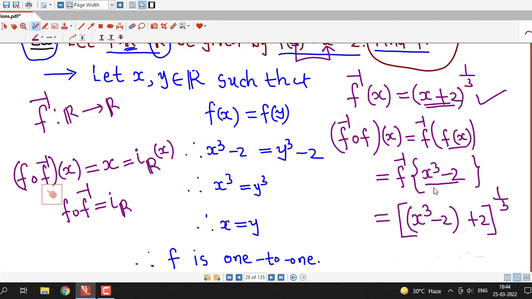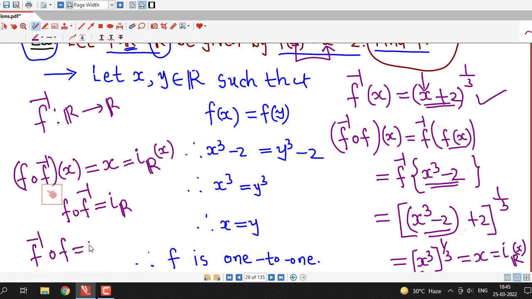Instead of x we have x cube minus 2. So here we put x cube minus 2 and plus 2 raised to 1 by 3. So this 2 will cancel out and we have x cube raised to 1 by 3, that is again x. So that is also identity function at point x. So another thing we observe is composition of f inverse and f is also identity function.